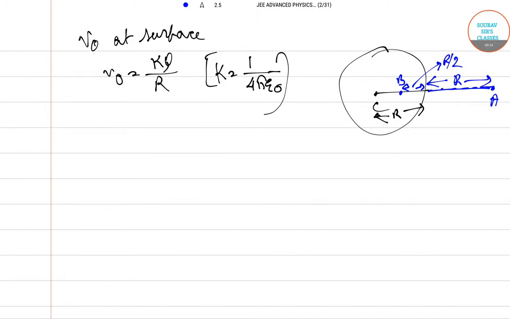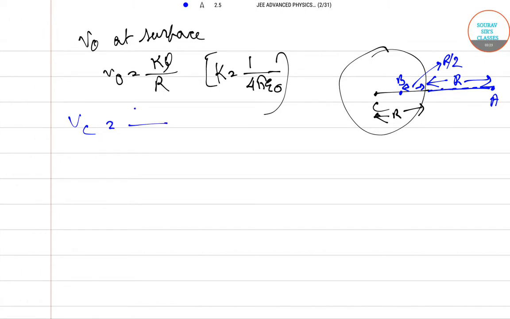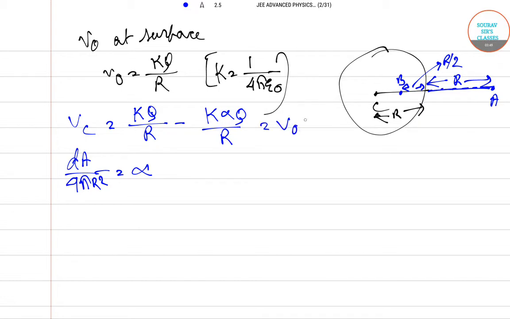So the potential at C, V at C, is equal to the potential at the surface kq by r minus k alpha q divided by r. So here alpha equals, we know, dA by 4 pi r square is the alpha. So this equals V0 into 1 minus alpha.